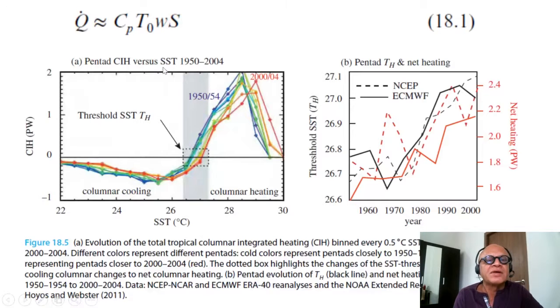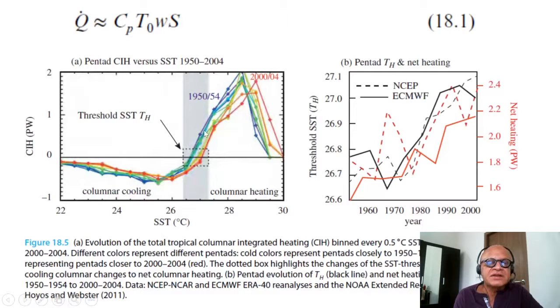This is looking at pentad column integrated heating versus SST over the 1950-54 period and the 2000 to 2004 period, with diabatic heating represented as Cp, the heat capacity at constant pressure, times some average temperature times vertical velocity times the static stability term.